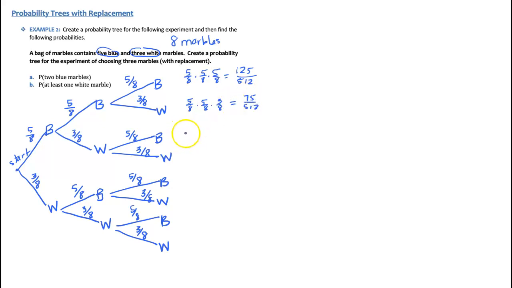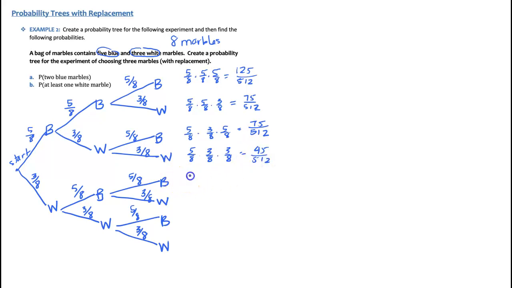The third branch was 5/8 times 3/8 times 5/8, for a total of 75 out of 512. The fourth branch, 5/8 times 3/8 times 3/8, gives a total of 45 out of 512.